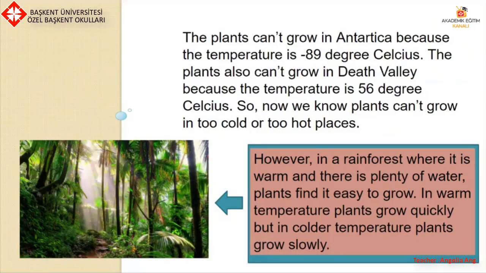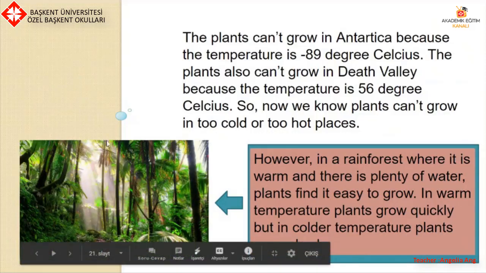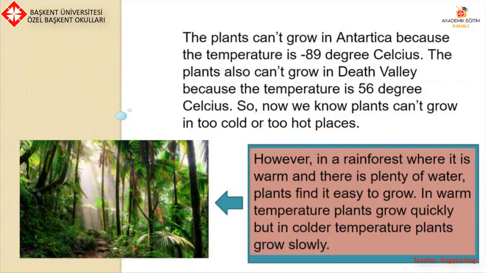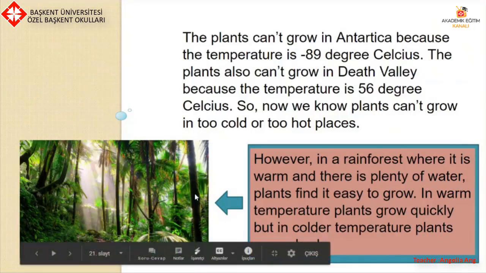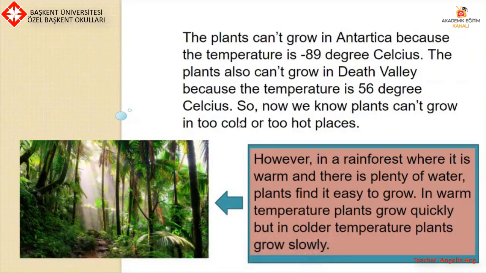Rainforest is warm and there is plenty of water. Plants find it easy to grow in a rainforest. When it is warm, plants grow quickly, but in colder temperature, plants grow slowly.